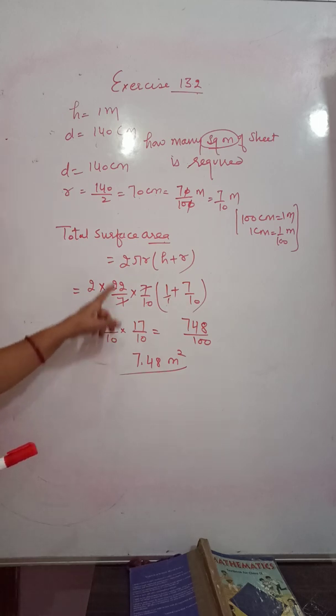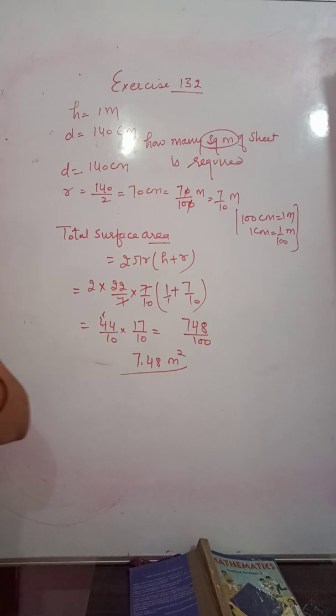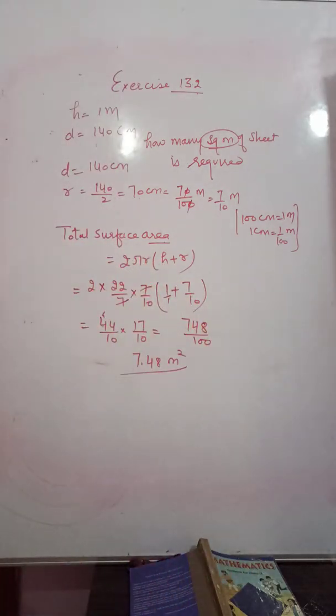Easy. We will find the total surface area. Why? Because it is a closed cylinder. If it is an open cylinder, then we will be finding the curved surface area. It is a closed cylinder, so we will be finding its total surface area. Clear?